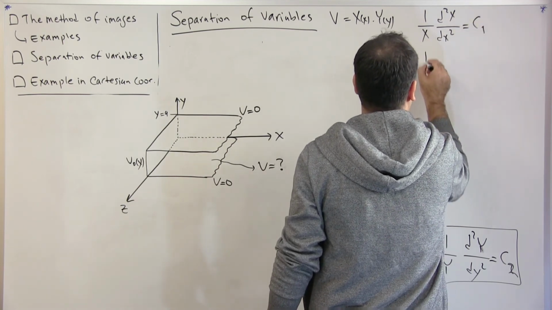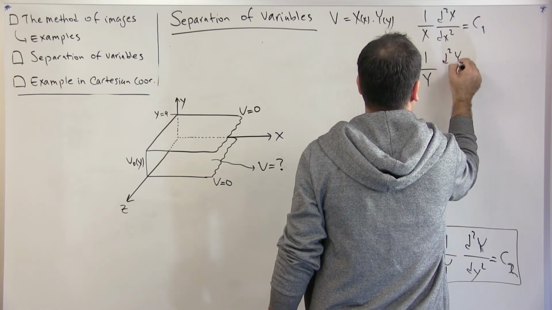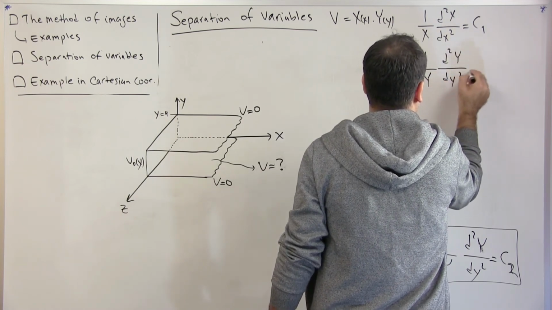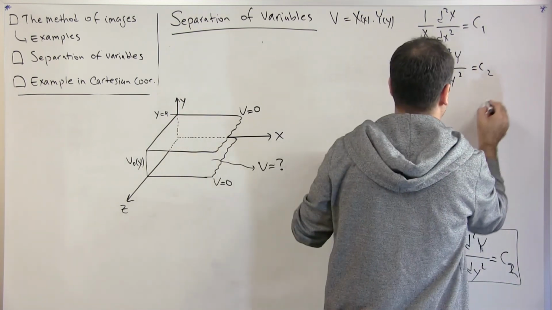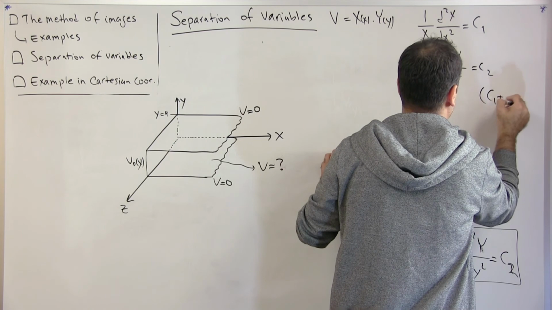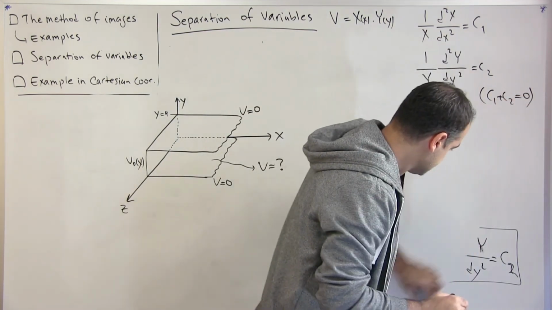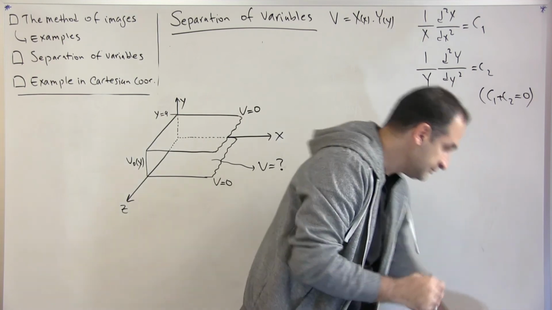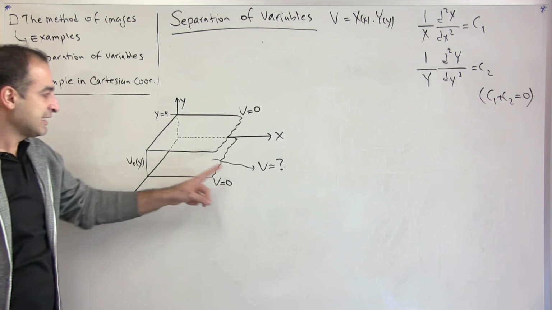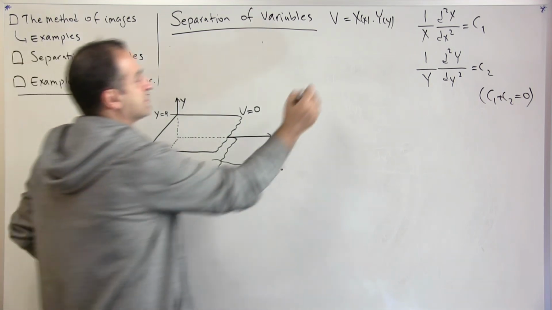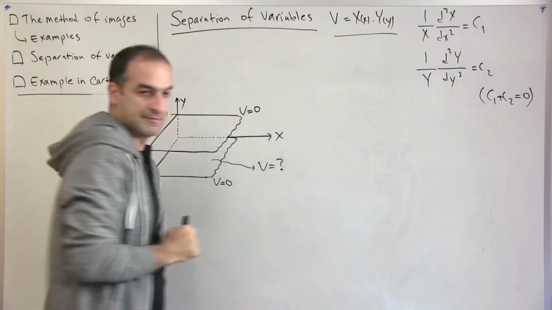And for Y, we have (1/Y) d2Y/dy2 is C2, with the condition that C1 plus C2 should be 0. Sounds good? So here we want to calculate V with the assumption that V is a combination of X(x) and Y(y).